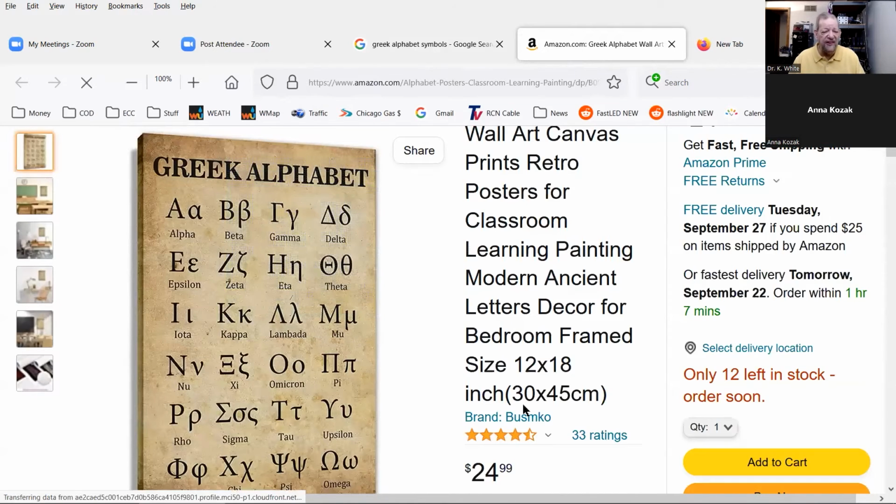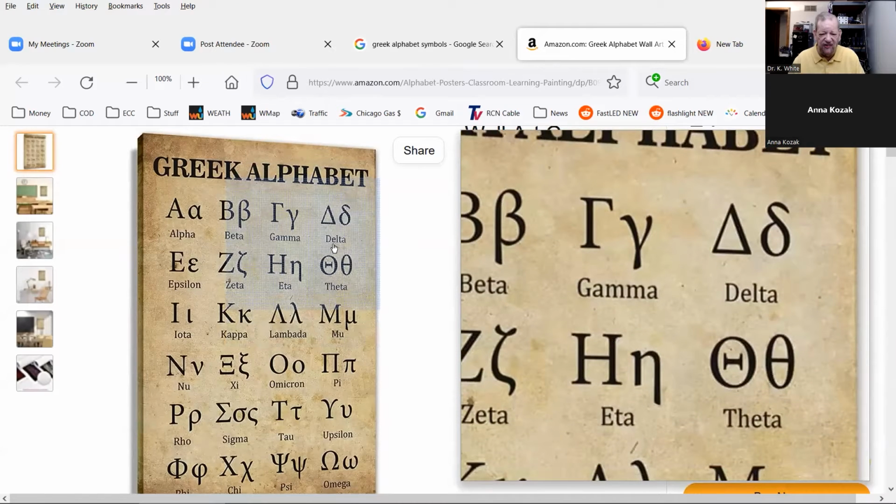All right, do you see the Greek alphabet I have on the screen right now? Yes. And you see where delta is? On the left is capital delta. On the right is lowercase delta. And that means little difference.